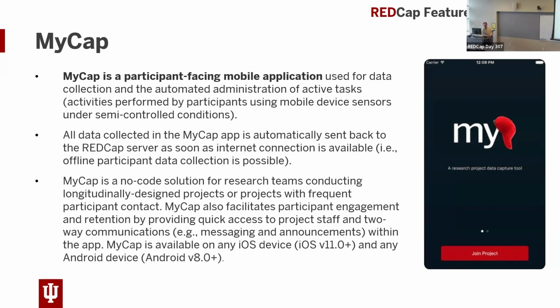One of the advantages of this is that it's going to allow you not only to have them be able to access all of their tasks in one place, but they'll also be able to correspond with anyone on the project team within the application.